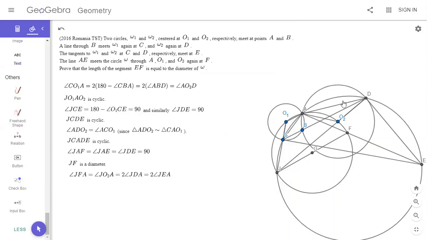That's because this triangle O2AD is isosceles. So since O2AD is isosceles, JO2A is twice JDA, and JDA is the same as JEA. So if JFA is equal to twice JEA, then that means triangle JFE is isosceles.